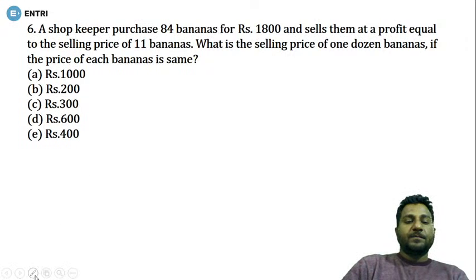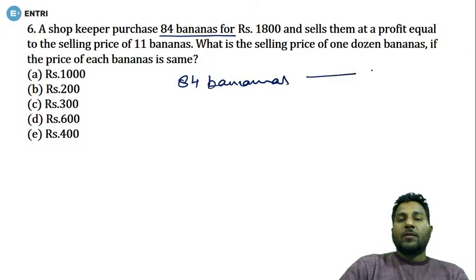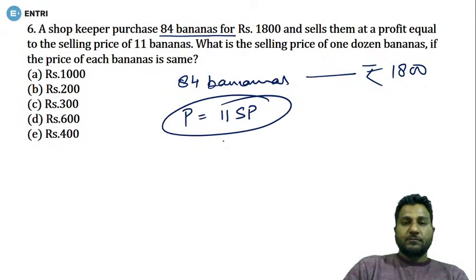Solve this one. Come on guys, quickly. A shopkeeper purchased 84 bananas for rupees 1800 and sells them at a profit equal to the selling price of 11 bananas.